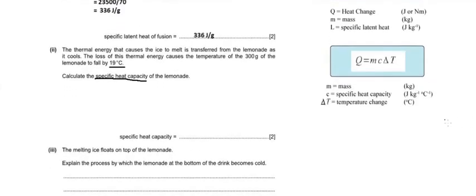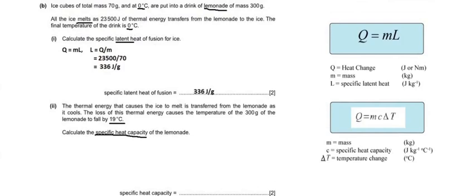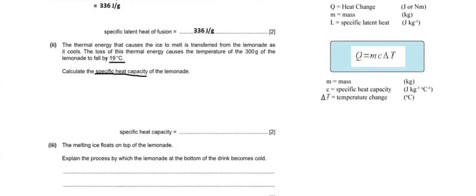Its temperature falls and now becomes 0 degrees Celsius. So the initial temperature of the lemonade must be 19 degrees Celsius, and after giving the energy it has become 0 degrees Celsius. So change in temperature, this is a fall, that is 19 degrees Celsius.